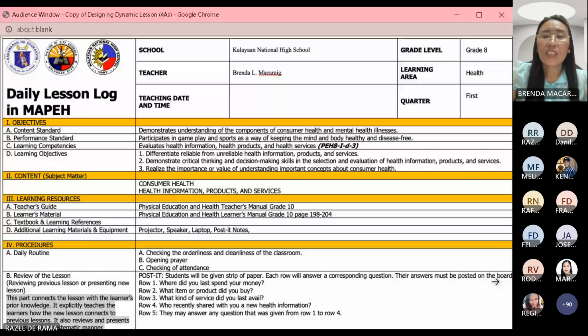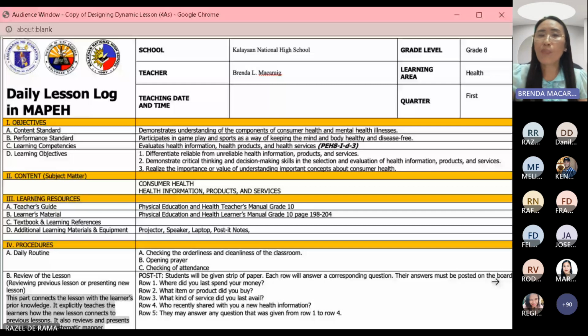Based on the policy guidelines in the standard for us to create our lesson plan, based on the DepEd, in the preparation of our DLL and DLP, pwede po tayong gumamit ng task-based na learning model, pwede tayong gumamit ng explicit teaching model, pwede rin naman tayong gumamit ng problem-based learning model, pero ang gagamitin po natin ay yung experiential learning model.